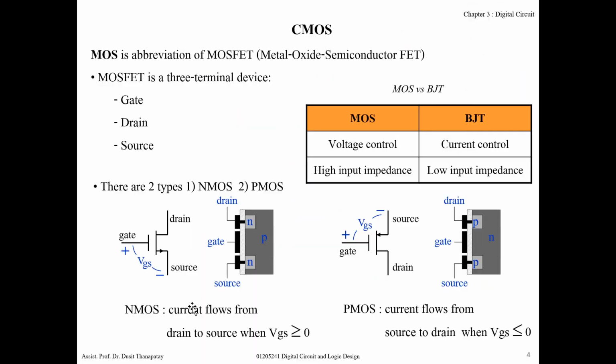Now let's consider this MOS, or MOSFET. It is from metal oxide semiconductor FET, and FET is from field effect transistor.